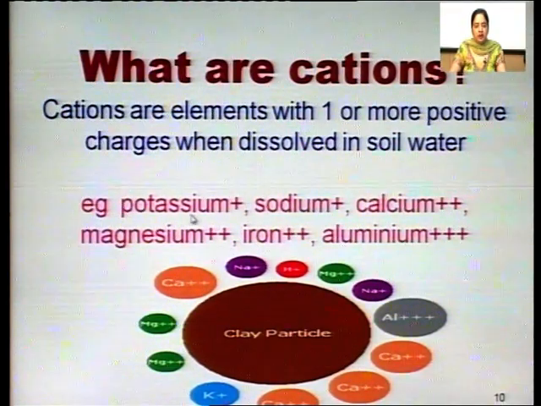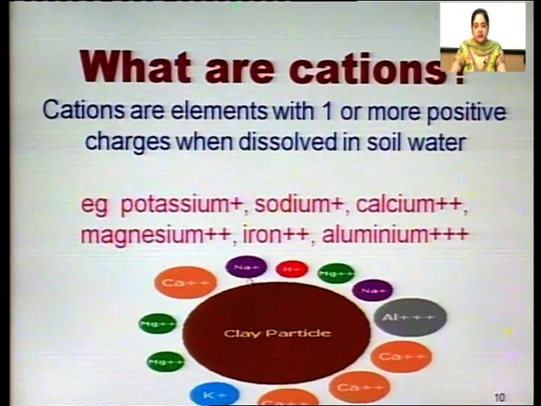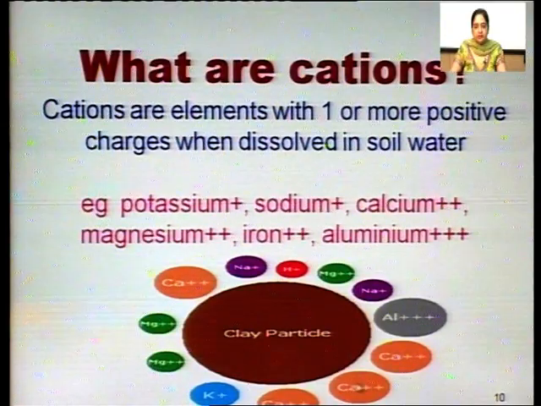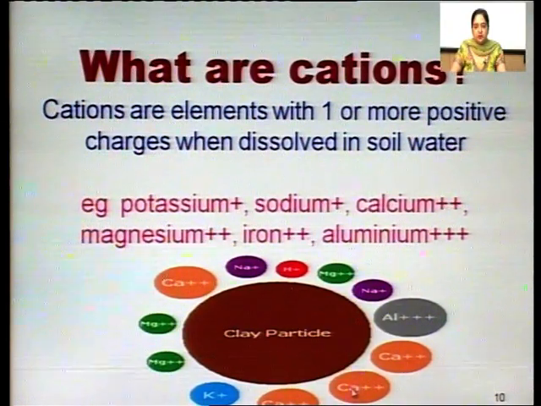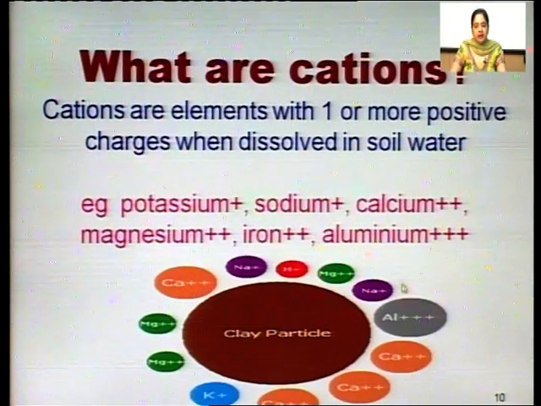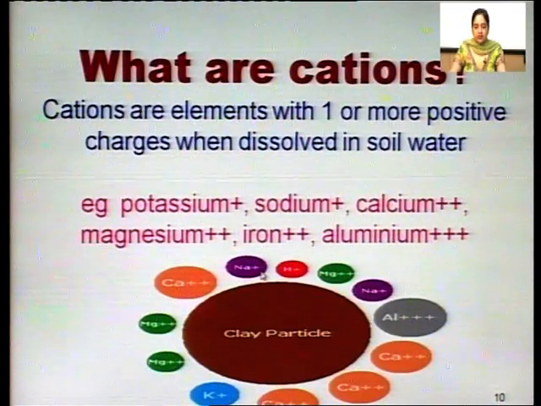For example, potassium K+1, sodium Na+1, calcium Ca+2, magnesium Mg+2, iron Fe+2 and aluminium Al+3. So, these all are cations.